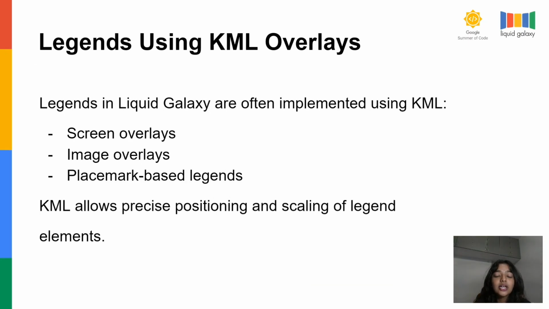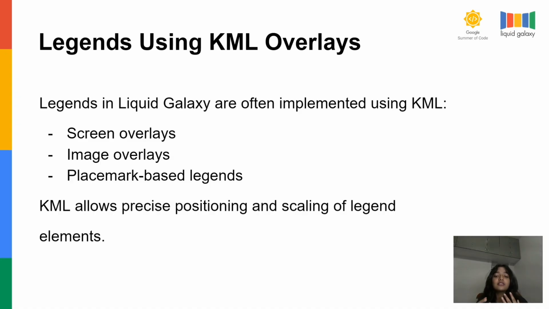Legends using KML overlays. Now, let's move to implementation. In Liquid Galaxy, legends are commonly implemented using KML. We can use KMLs like screen overlays, image overlays, placemark based labels.